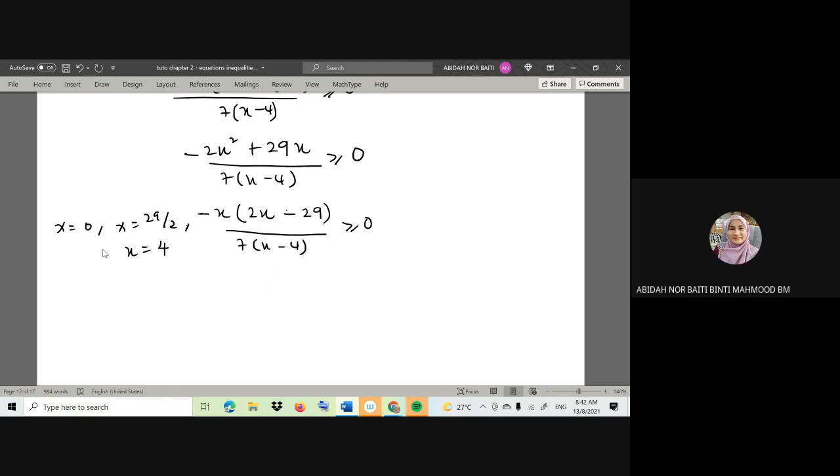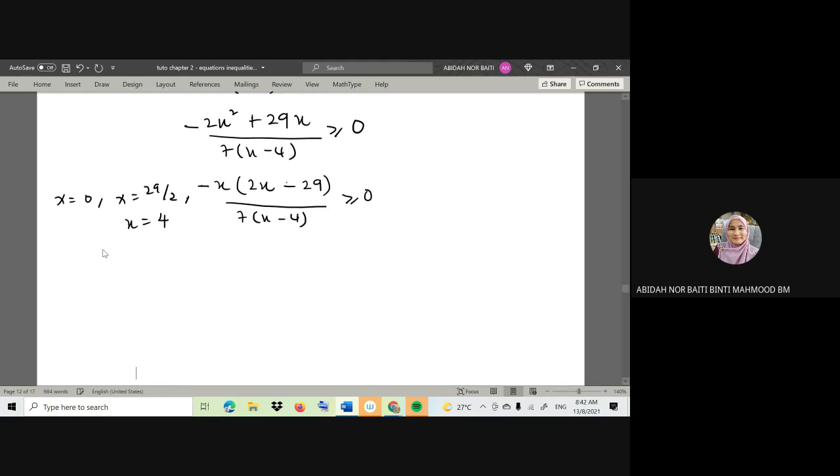Okay. Then we use, what do we use? We use the table of sign, because this is rational inequalities.